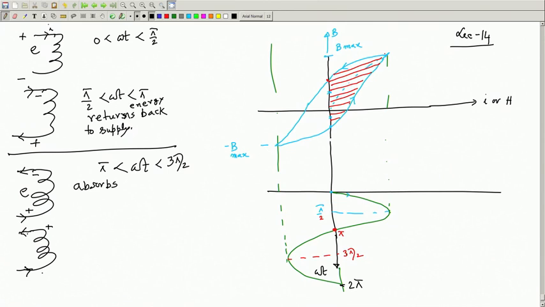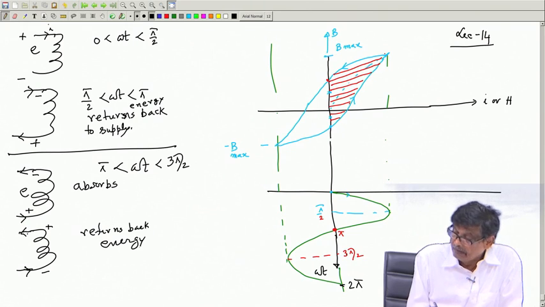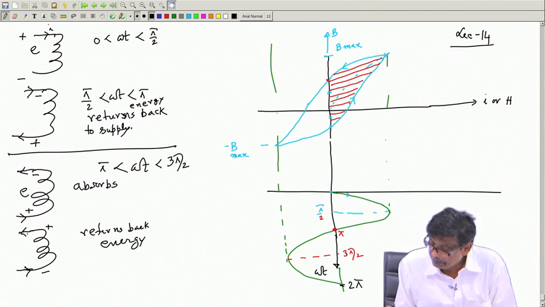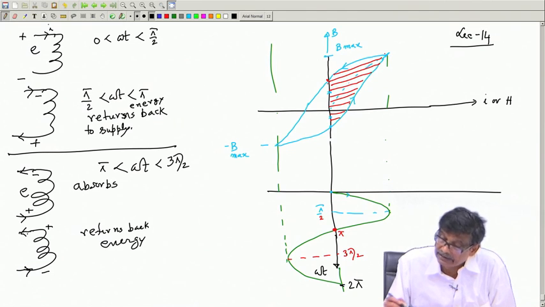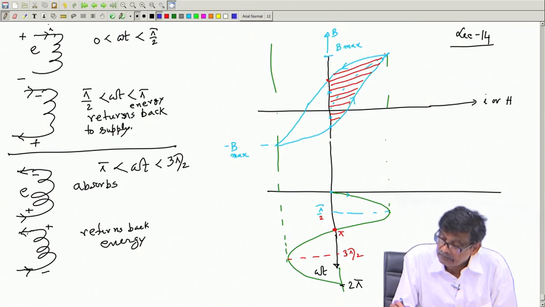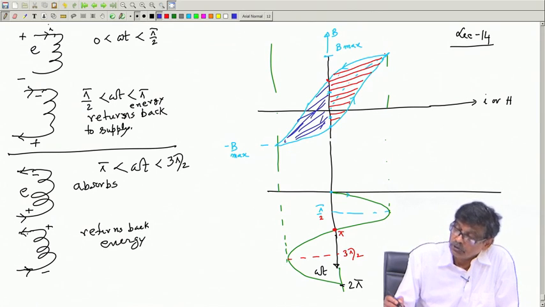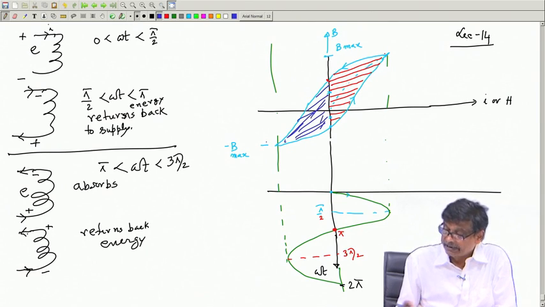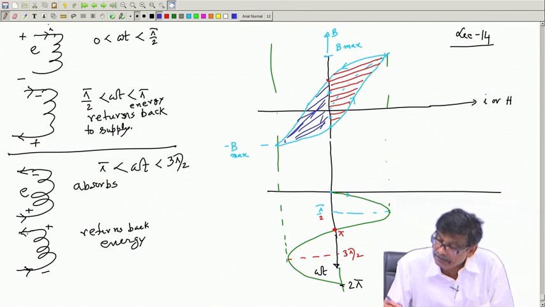So, it returns energy back to supply. So, effectively when current makes a complete full cycle, the area corresponding to that will be this. So, total energy absorbed in one cycle of current variation will be this area plus this area.